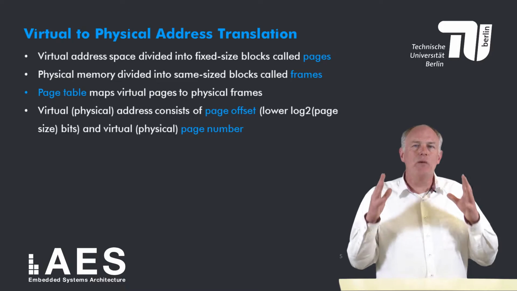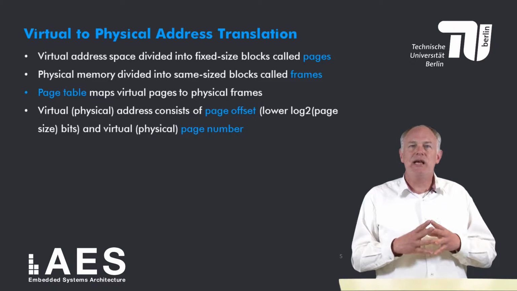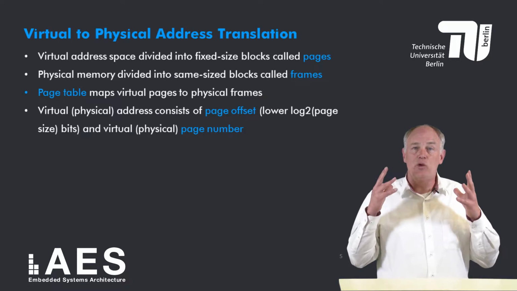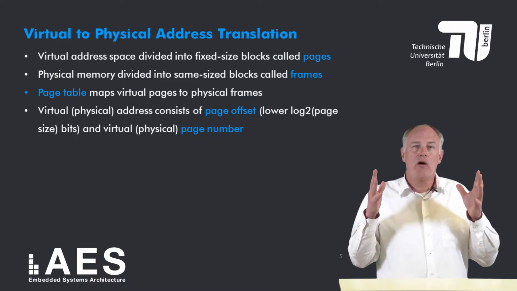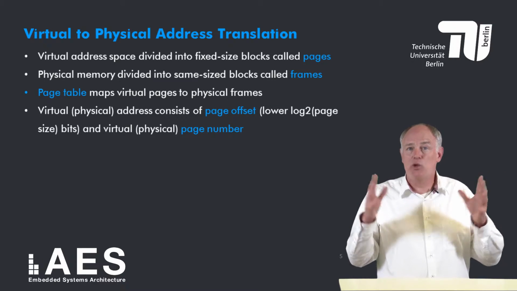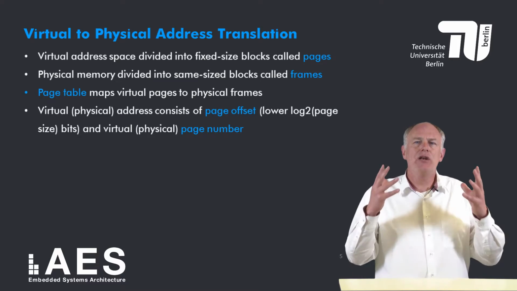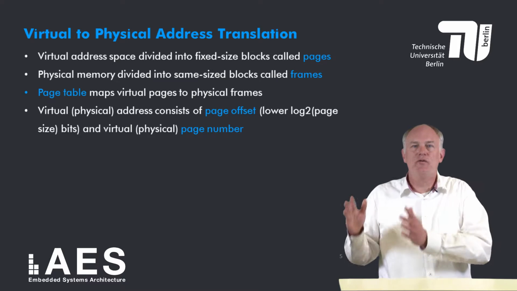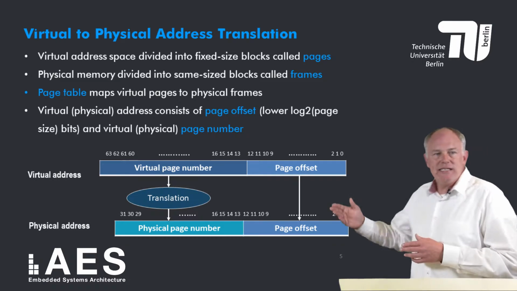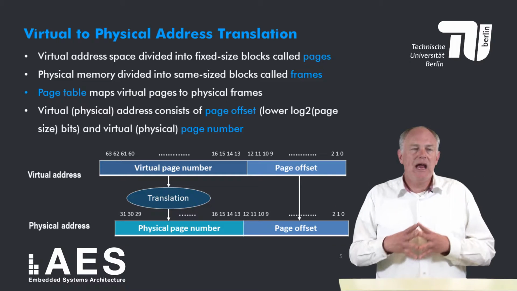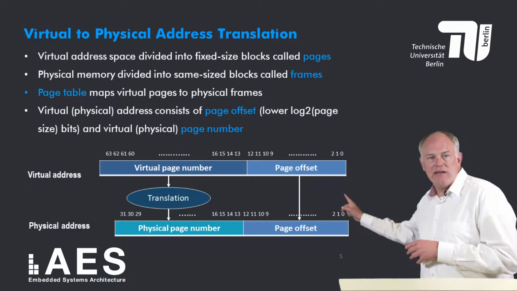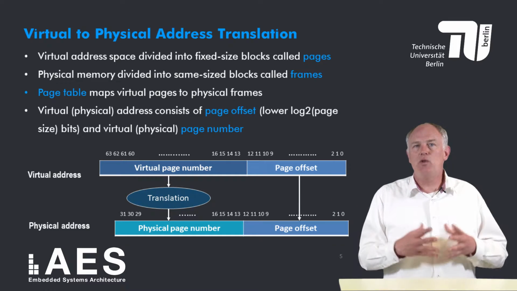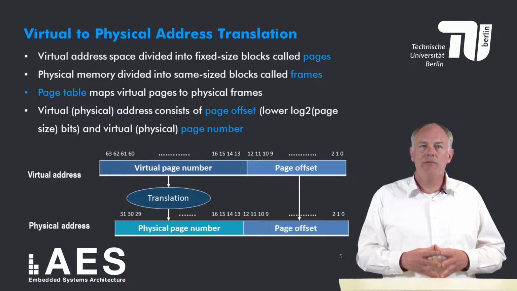Because virtual and physical memory are divided into pages and the page size is a power of 2, any address can be divided into a page offset consisting of the least significant log base 2 page size bits and a page number. And the page table maps virtual page numbers to physical page numbers. This is illustrated in this figure. In this example, the page offset is 13 bits long, so the page size is 2 to the power of 13 or 8 kilobytes.